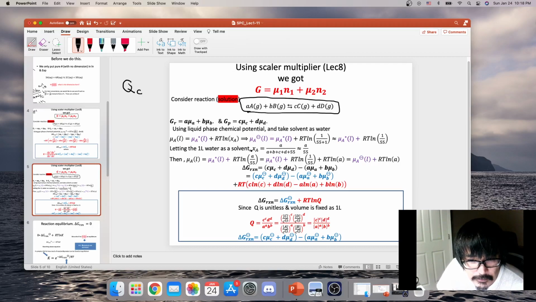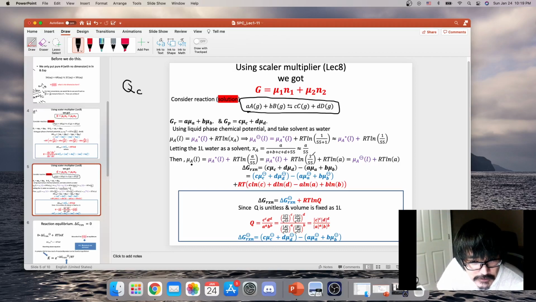Then the mole fraction of A may look like this, because there's so much stuff in there. But approximately, this is dominated by 55 anyway, so you can write it something like this. Okay.